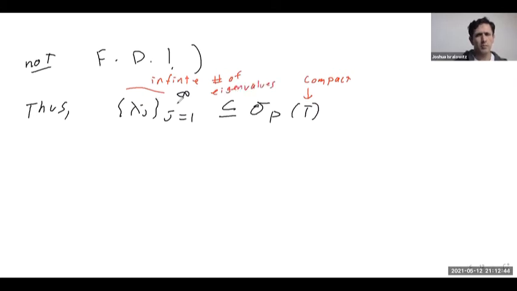Because there's nothing repeated infinitely, we have an infinite number of eigenvalues, and we proved that if that's the case for a compact operator, then the eigenvalues have to converge to 0. There can only be countably infinitely many eigenvalues, and the eigenvalues have to converge to 0. So we get part of what we want to prove, which is actually very important when we finish the proof.